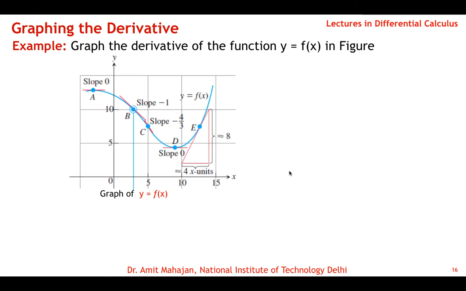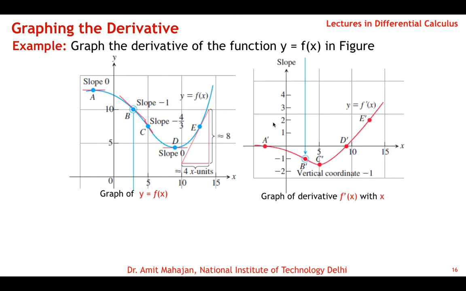And then we can roughly join those points with a smooth curve to find the derivative curve. So for this curve, we see that at the point A and at the point D the slopes are exactly 0, so the corresponding point A dash is on the x-axis and the corresponding point D dash is on the x-axis.